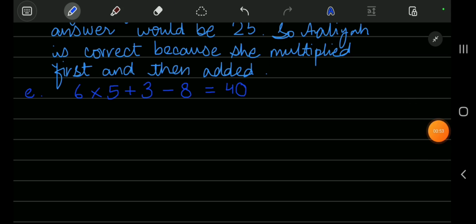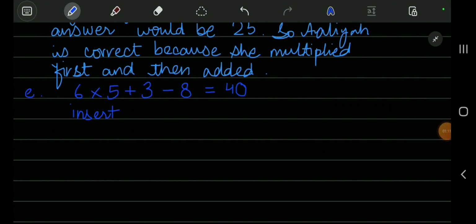And what if they say: insert the brackets to show that the answer is correct.